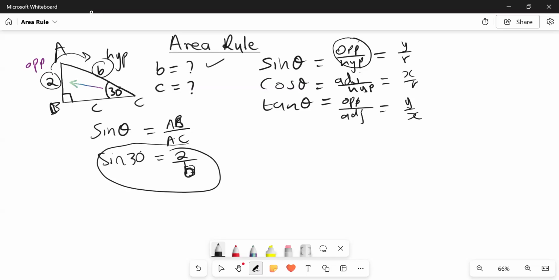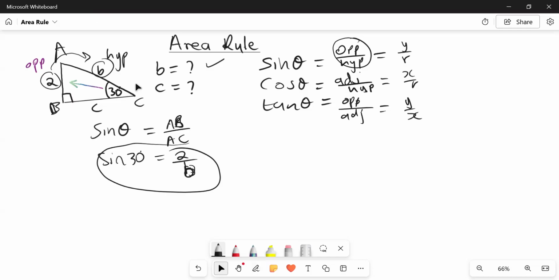So this is a situation whereby they gave you a right angle triangle looking for a side, right? We use Pythagoras theorem or the trig ratios.